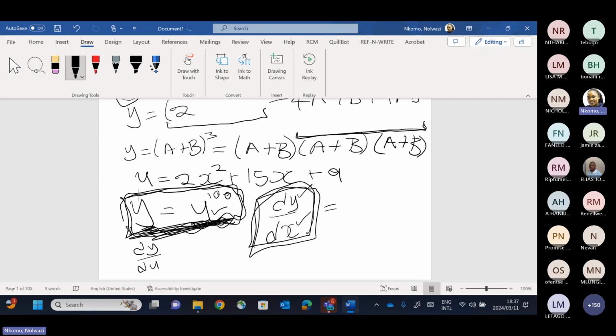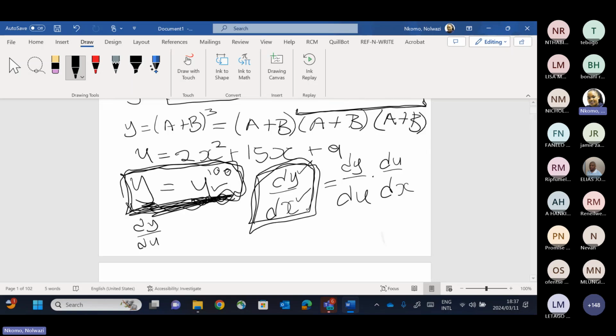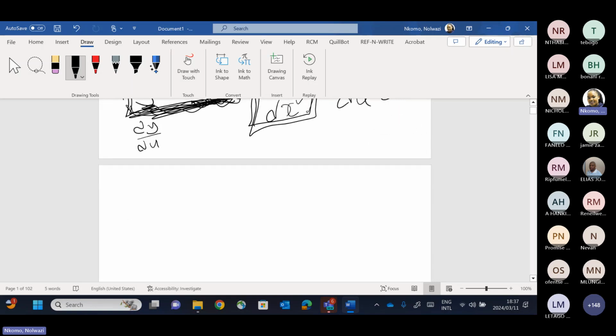Okay, but we can write dy over dx as dy over du times du over dx. First, before I get there, dy over dx is the same thing as dy over dx.